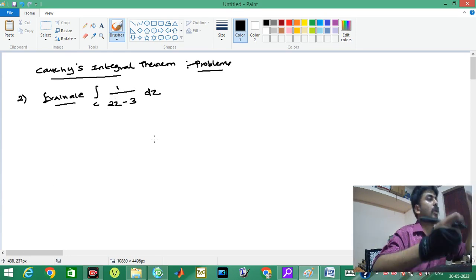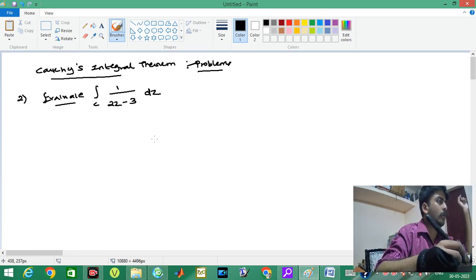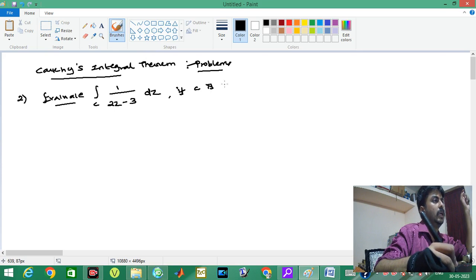Evaluate the integral over C of 1 divided by 2z minus 3 dz, if C is the circle with modulus of z equal to 1.